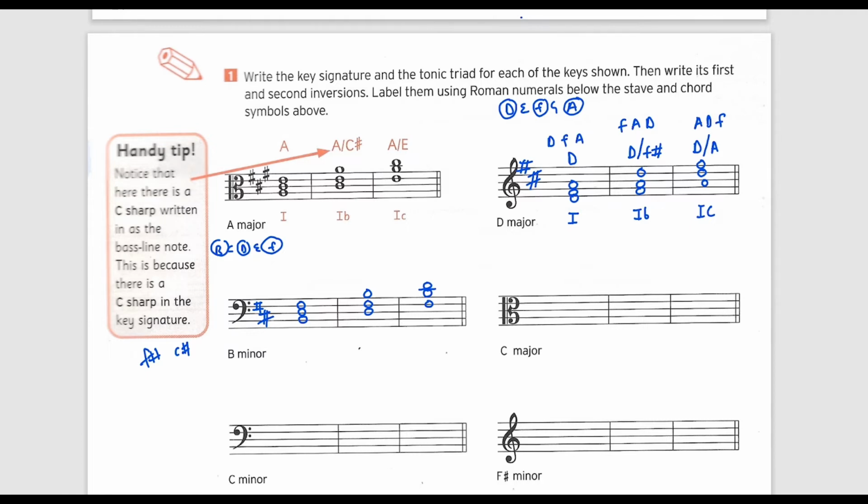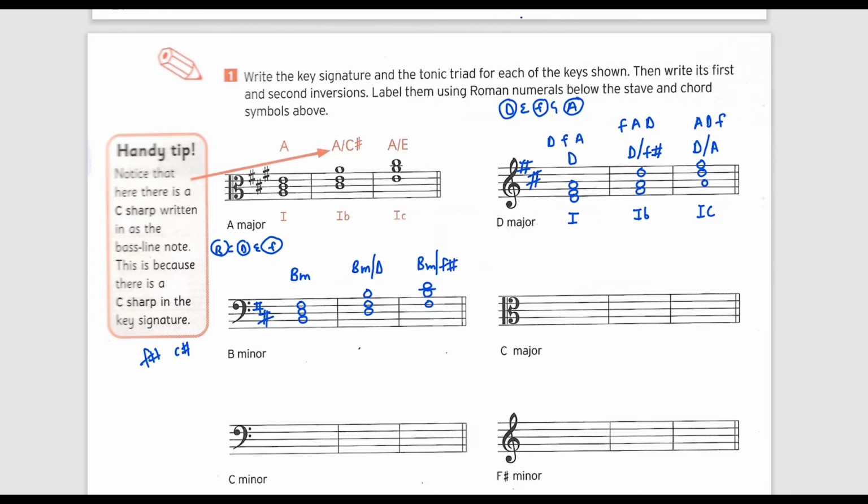Okay. Now let's put the chord symbol. This is our B minor. Then here, this is B minor, and we start on the second, this is D. Last one we have B minor with F sharp.